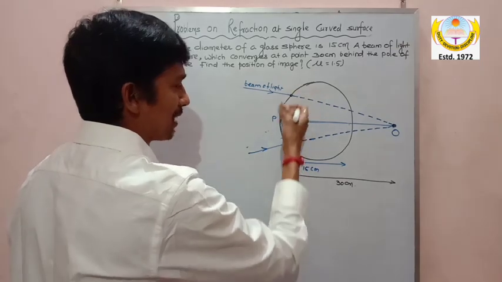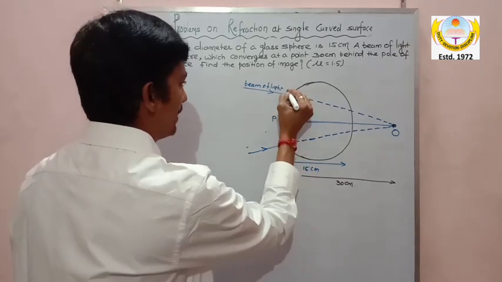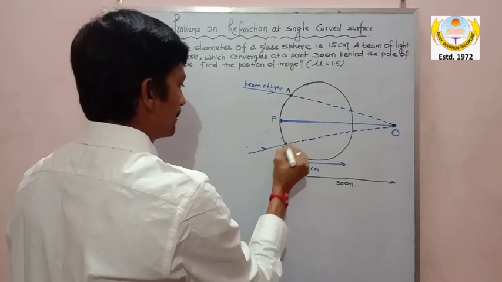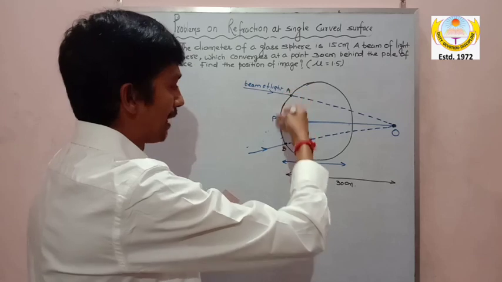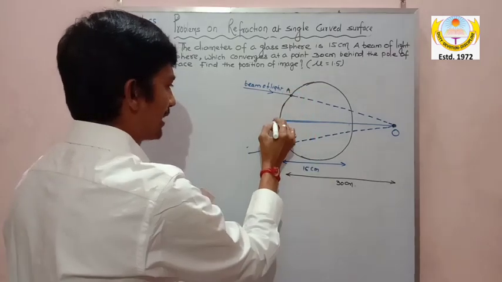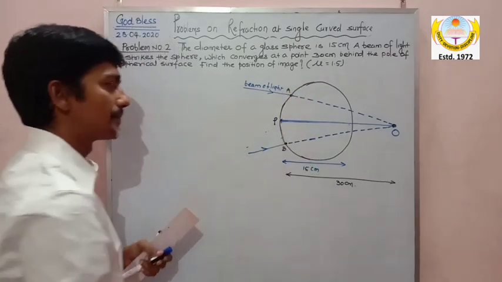You can say this is the first surface, my dear. I will name it as APB of this spherical surface. This is the first part of the spherical surface and the name of that is APB I have given.